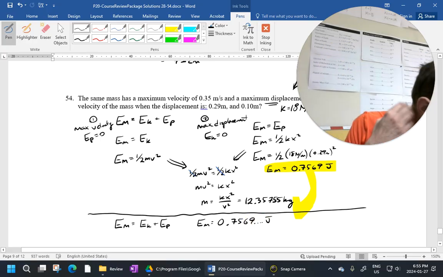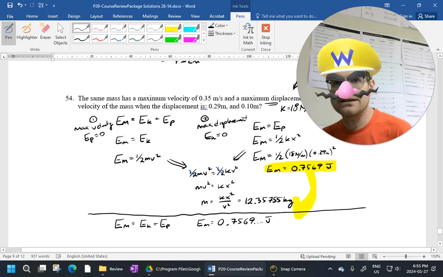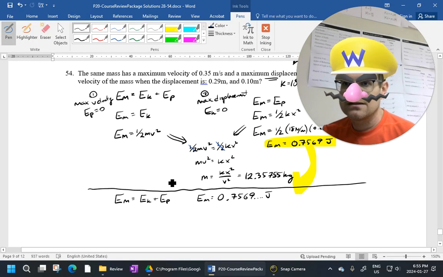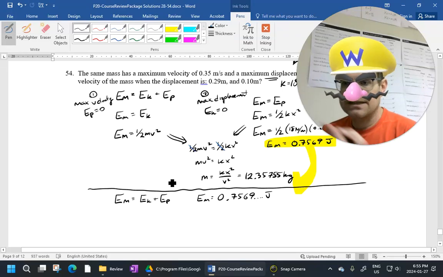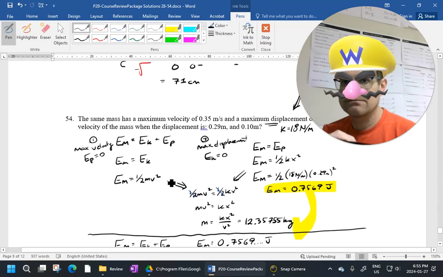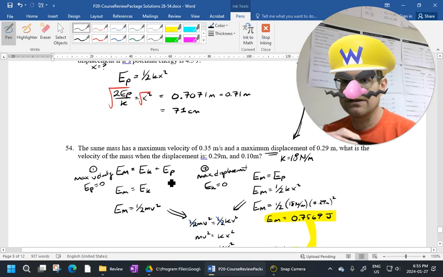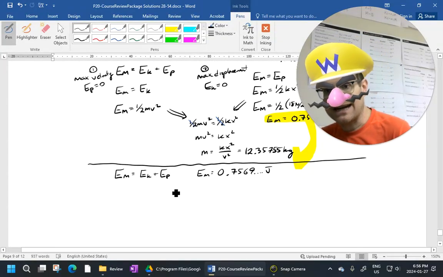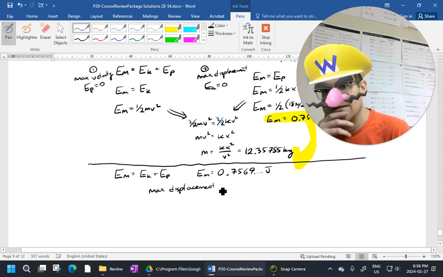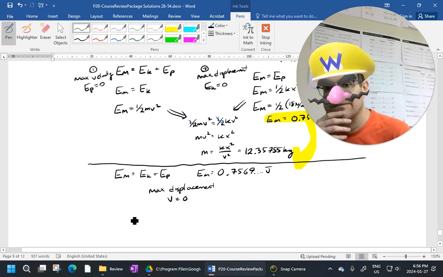There are, well actually no, there's not 2 decimals. That's exactly what it is. Okay. Oh, so I just found it. Because that's my max displacement. So I found the answer. What is the velocity when it's at its max displacement? So the velocity when it's at its max displacement is velocity is equal to 0, or speed is equal to 0.